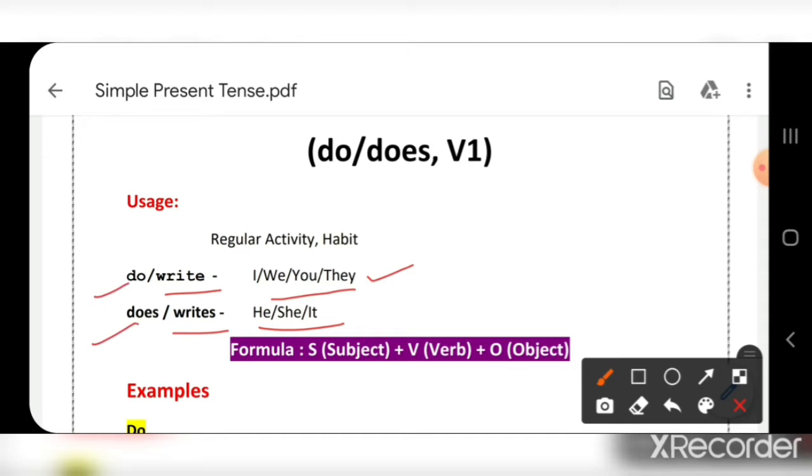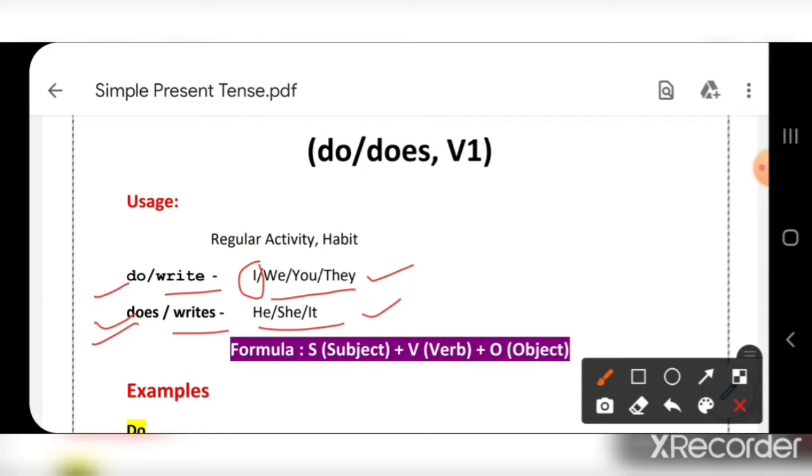So I, we, you, they: I is singular subject, we, you, they are plural subjects, and he, she, it are singular subjects. Okay, so singular verbs out of these are does and writes. Do or write are plural verbs. Okay, so we are going to use them with each other. Okay, with singular subject with singular verb, plural subject with plural verb.